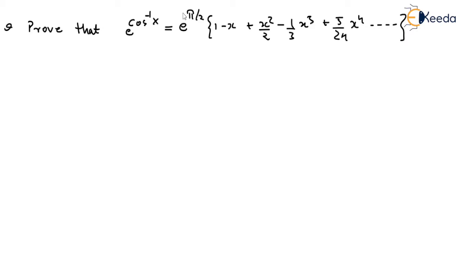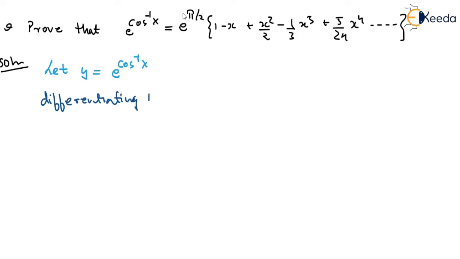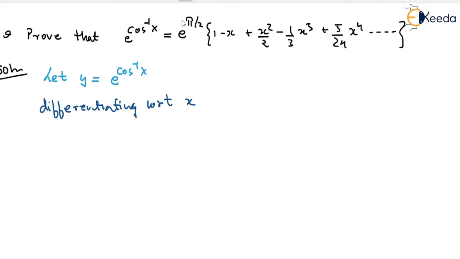So let y is equal to e to the power of cos inverse of x, and differentiating with respect to x, we have y dash, let's say y1, is equal to e to the power of cos inverse of x into minus 1 by under root of 1 minus x square.